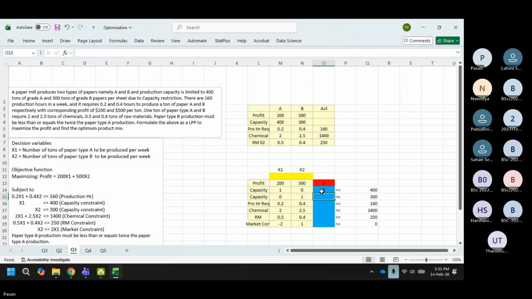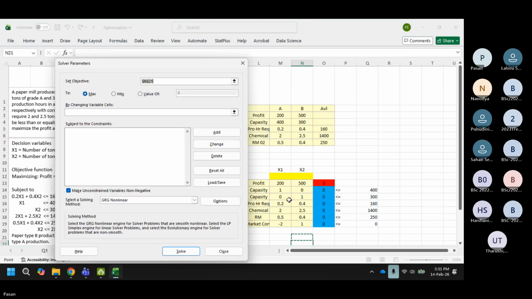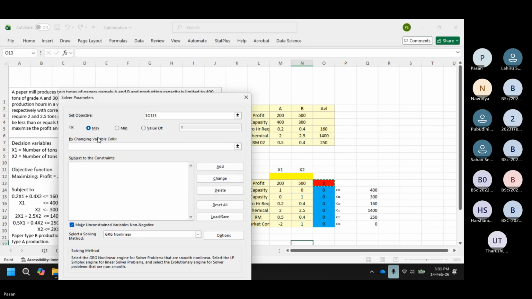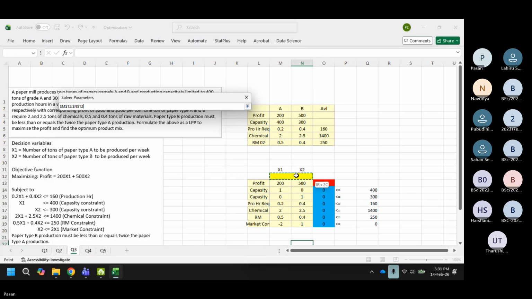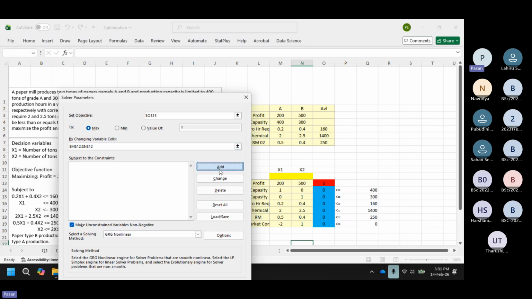So that's how I can set up the sum products there. And then I can go into the solver. So that's my objective cell, and I'm maximizing. And I can add the constraints.